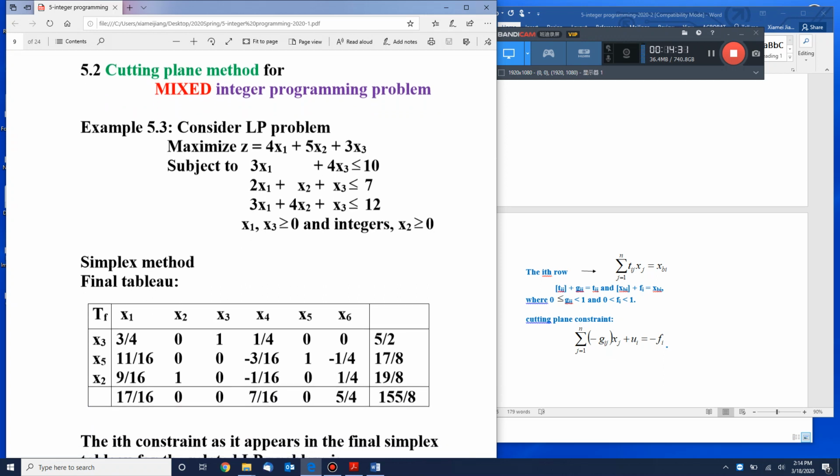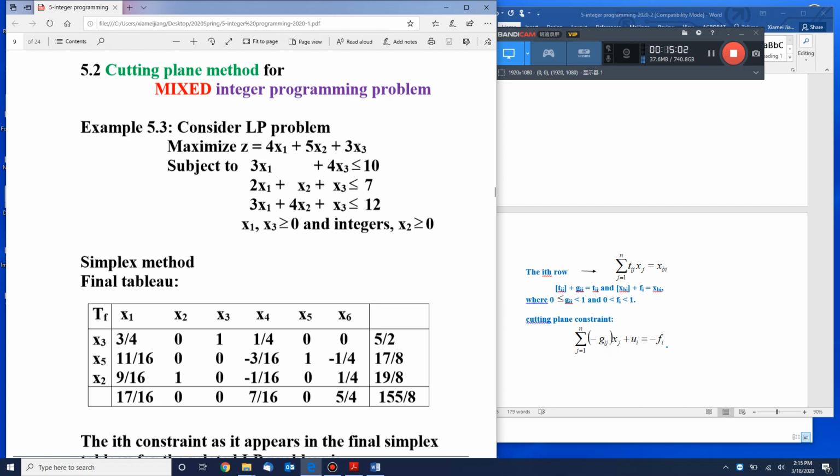And from the final tableau, we can see that x1 is a non-basic variable, so x1 has a 0 value, and x2, x3 are basic variables. x3 equals 5/2 and x2 equals 19/8. Notice here we don't need x2 to be an integer, so we don't have to worry about it. Here we only need x3 to be an integer, right?